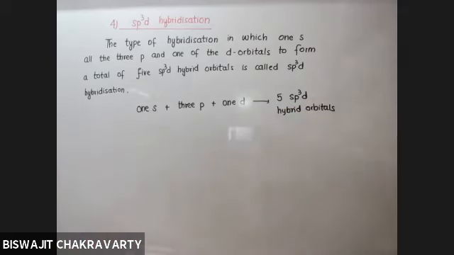You can calculate the percentage s character, p character and d character also. A total of 5 orbitals are involved, out of which only one is s. So 1/5 will be 20%. One is d, so d is also 20%. And the rest 3 will be p, so this will be 60%.